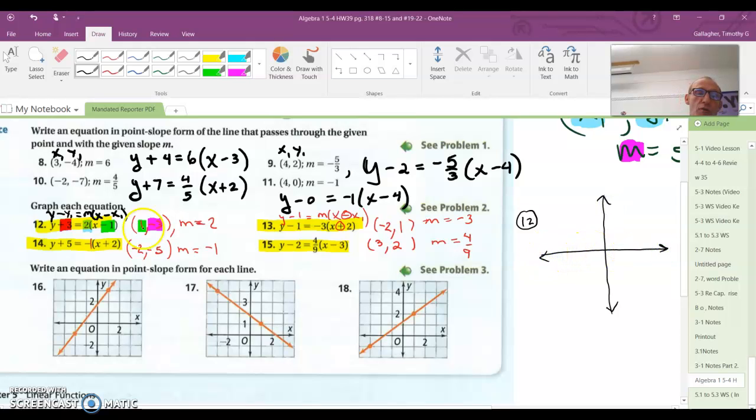And the point for 12 is 1, negative 3. So we'll do positive 1, negative 3. Now the slope for number 12 is 2 over 1. So I'm going to go up 2, and I'm going to go over 1. So up 2 over 1. And that's all I need.